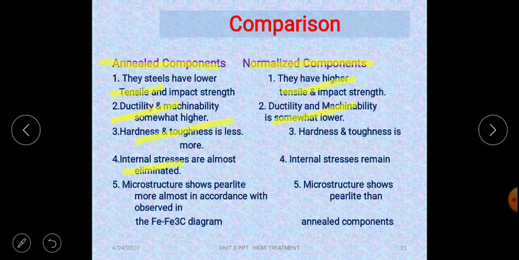Next, internal stresses are almost eliminated in annealed components, whereas some of the internal stresses remain in the normalized components. And last one, microstructure shows pearlite almost in accordance with the Fe3C diagram, whereas the normalized microstructure shows more pearlite than the annealed components.